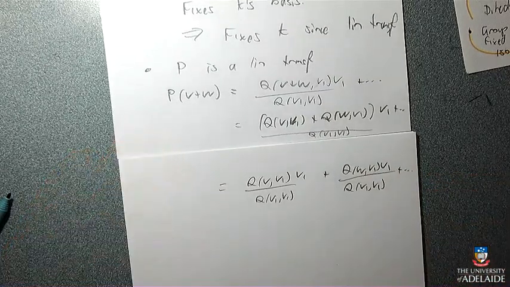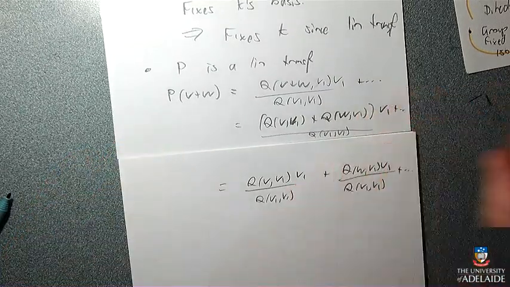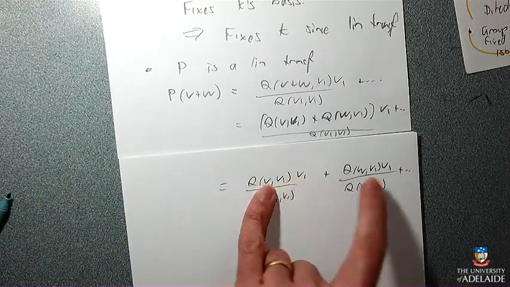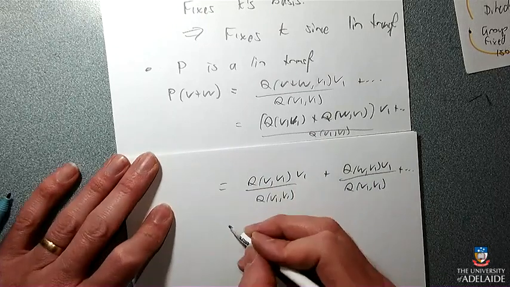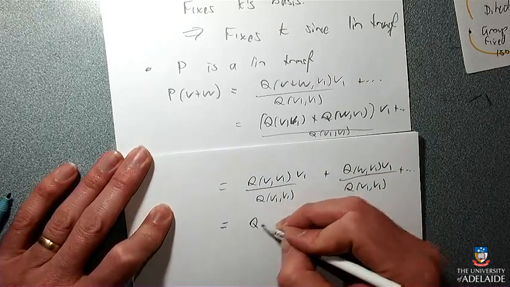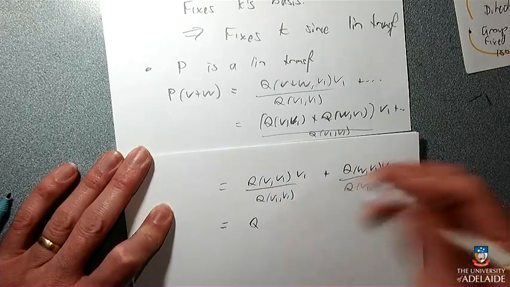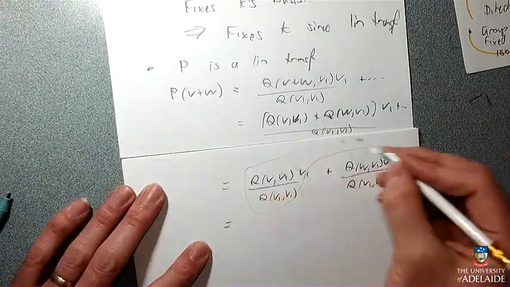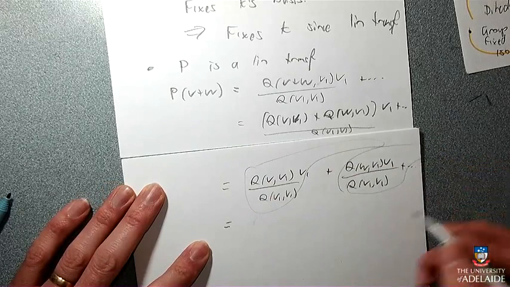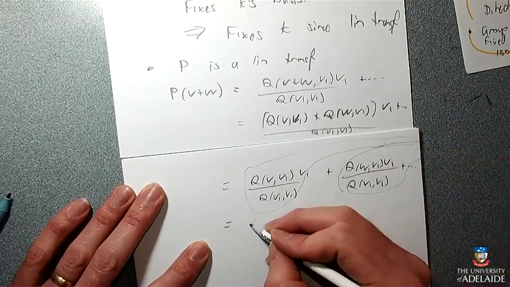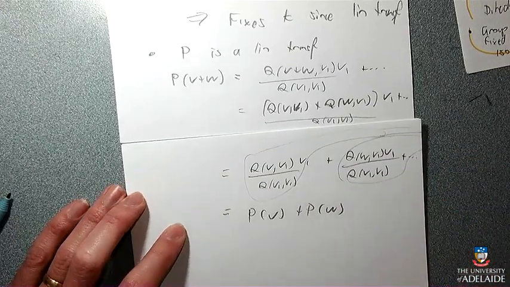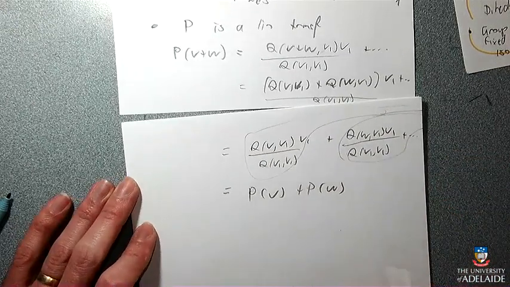And if I do that in every one of these terms, I'll be able to pull out the bit that had the V and the bit that had the W. So if I have this bit and all its friends, and this bit and all its friends, then I'll get P of V plus P of W. And it should work similarly with the constants as well.